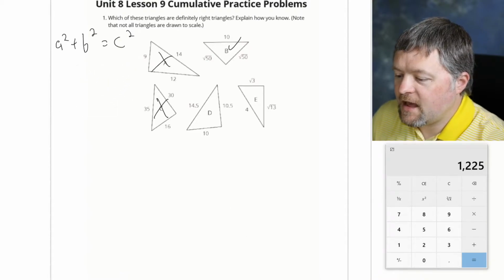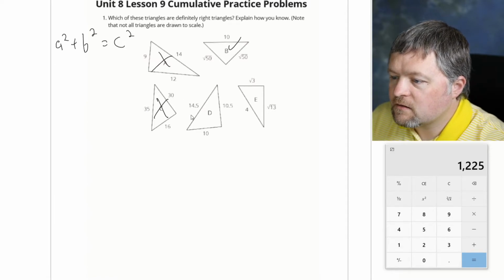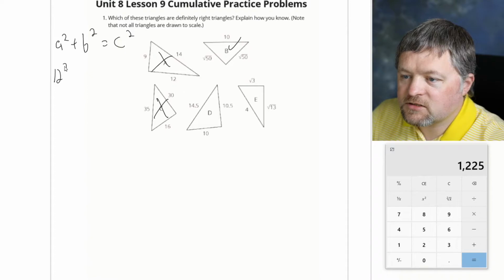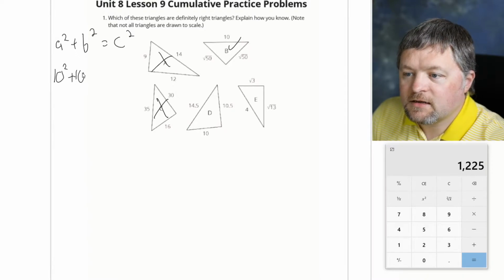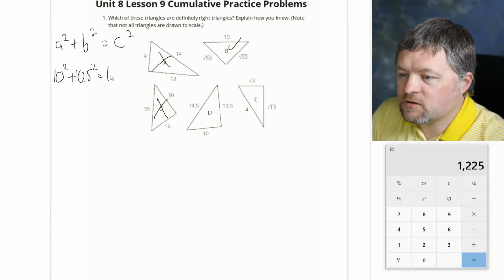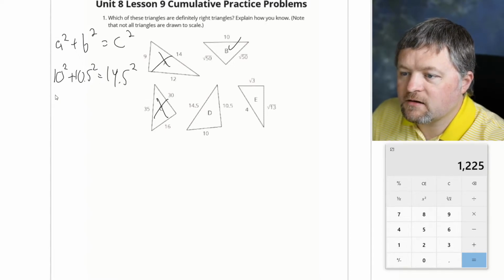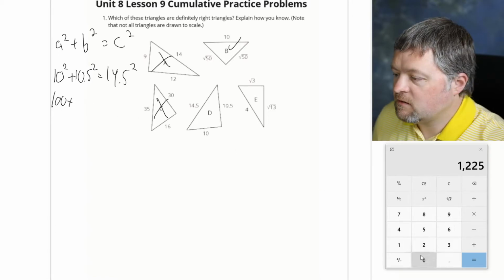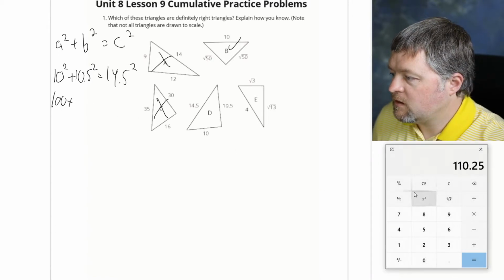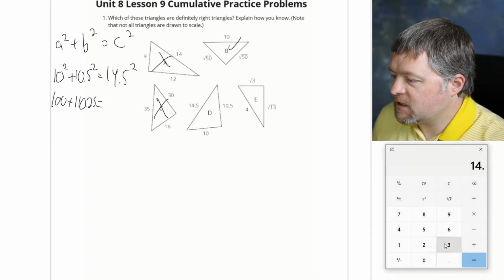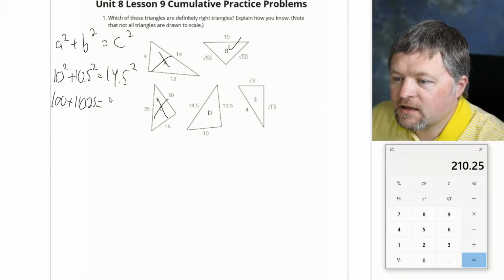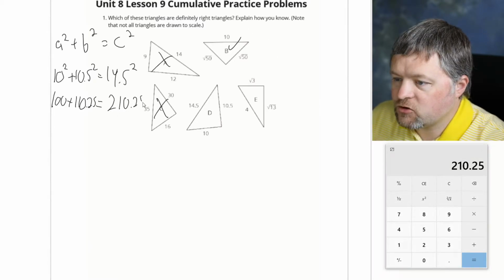Okay, next we have D. That's our hypotenuse. 10 squared plus 10.5 squared equals 14.5 squared. 10 squared is 100. 10.5 squared is 110.25, and 14.5 squared is 210.25.